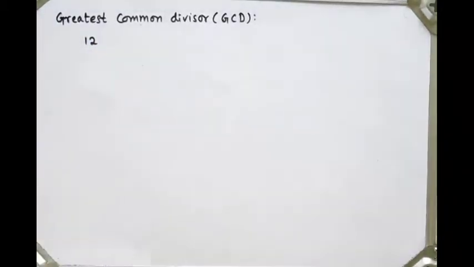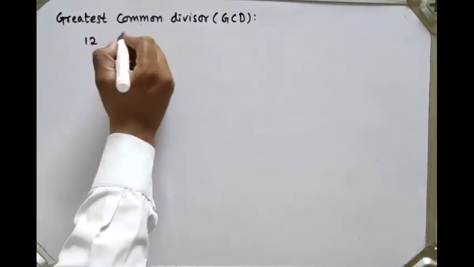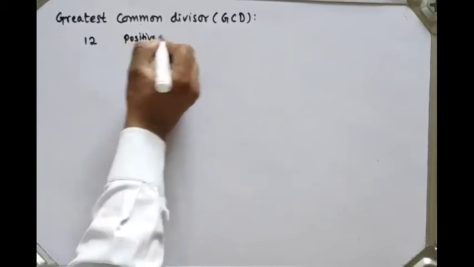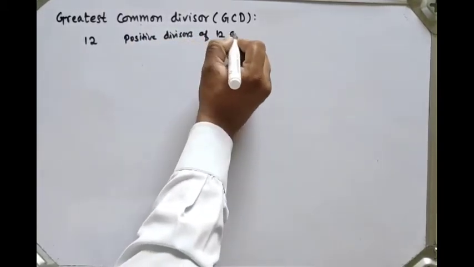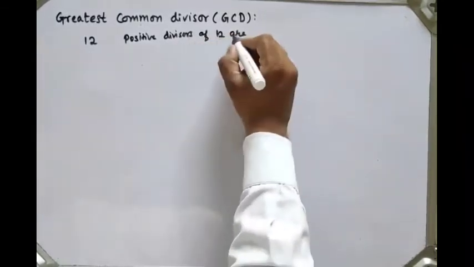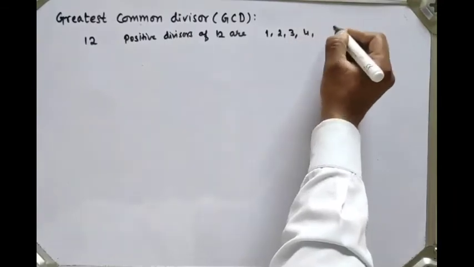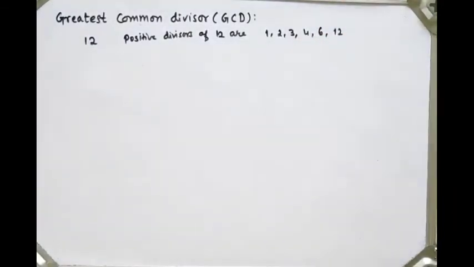So what are the positive divisors of 12? 1, 2, 3, 4, 6 and 12 are all the positive divisors of 12.